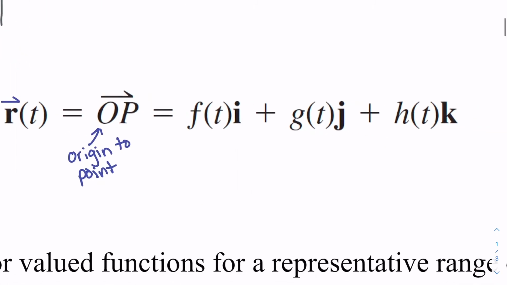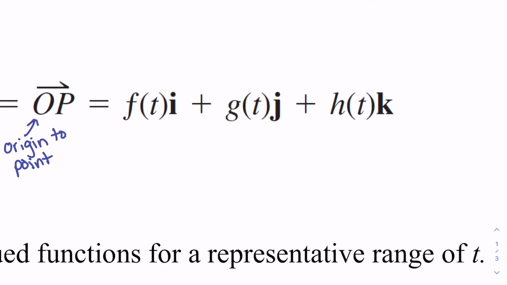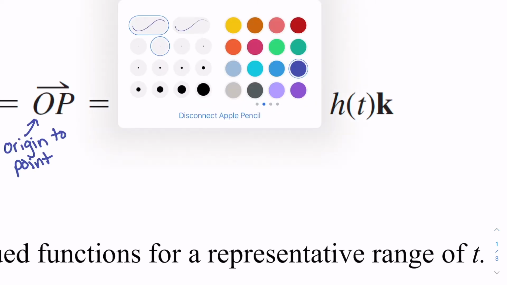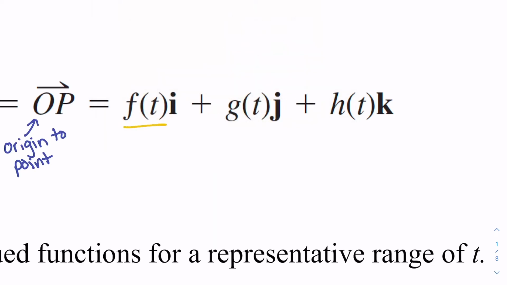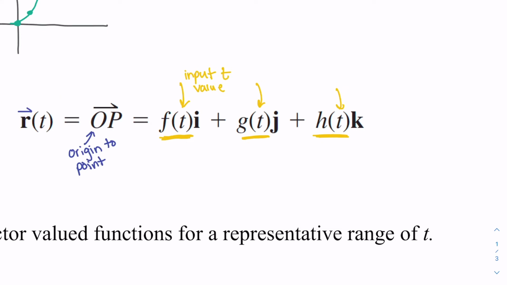And that can be equal to, right, we have our i, j, and k unit vectors, and then we have a different function attached to each direction. So there could be some function that tells us the i component, some function that tells us the j component, and some function that tells us the k component. And each of these is dependent on t. So the inputs to all of these are t. So you input a t value into each of these, and the output is a vector.